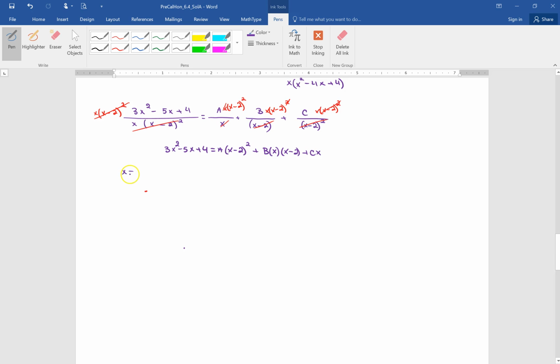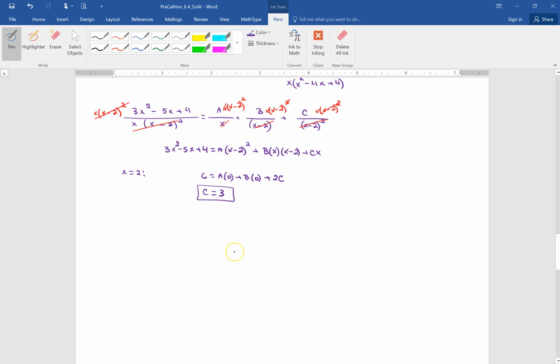What can I plug in to make some of these zero? 2. Let's plug in x equals 2, and when you do that, for the first one, I get 4 times 3 is 12, plus 4 is 16, minus 10, so 6, right? 6 is equal to A times 0, plus B times 0, plus 2C, so how much is C? 3.